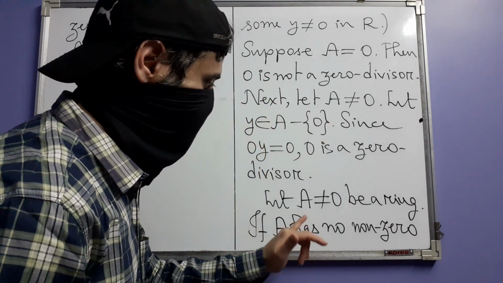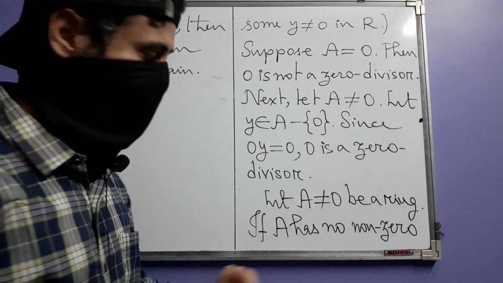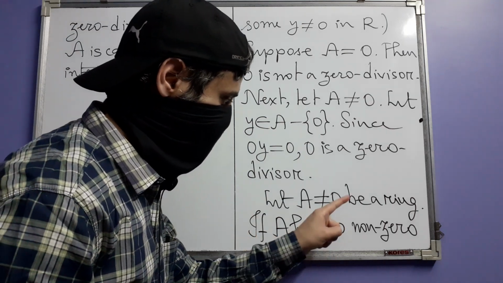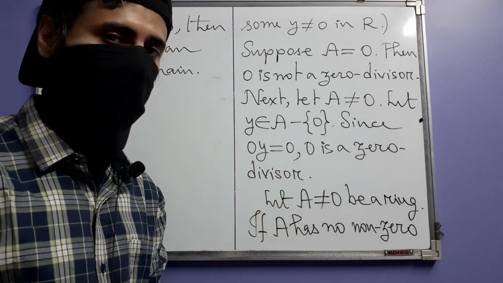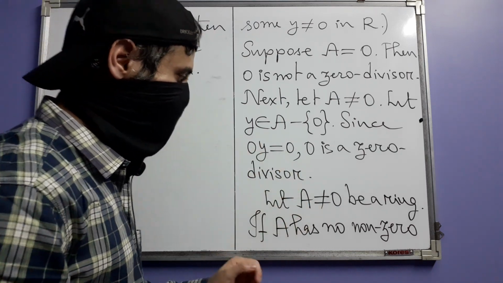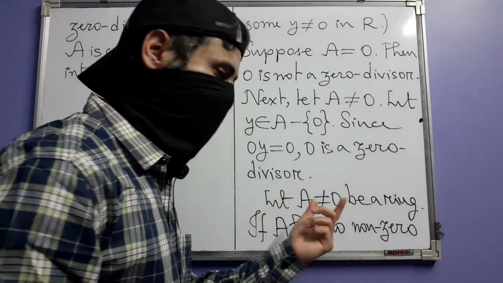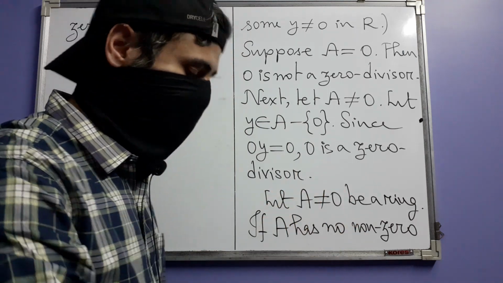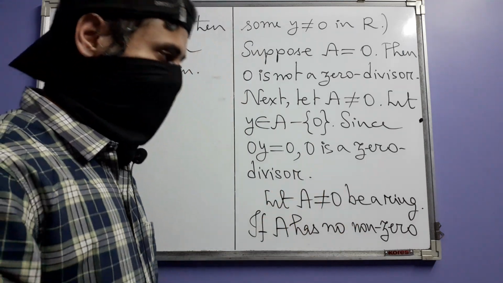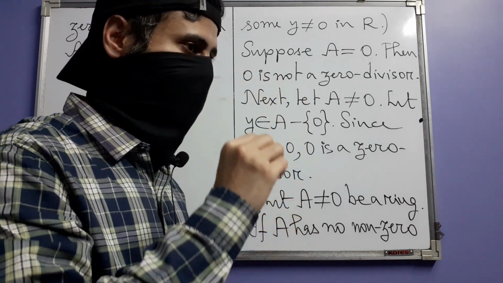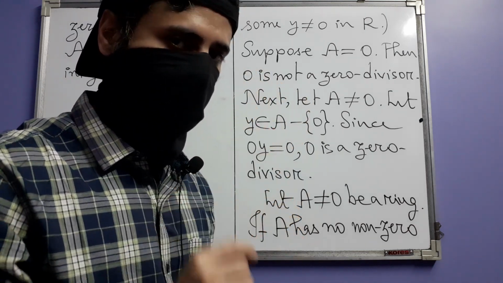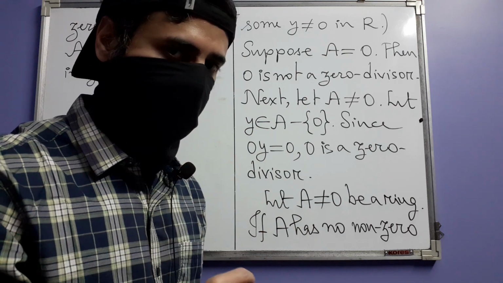But if that is the only zero divisor, if there is no non-zero zero divisors, then A is called an integral domain. In other words, a non-zero ring in which the only zero divisor is 0 is called an integral domain, according to Atiyah and Macdonald.